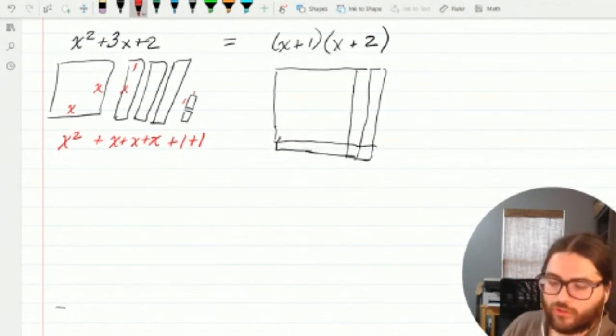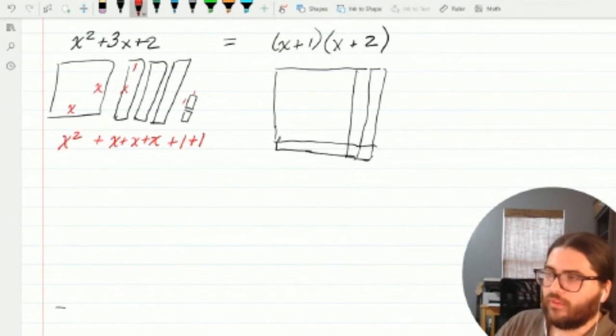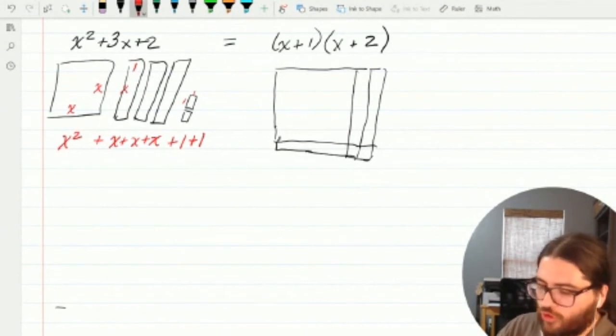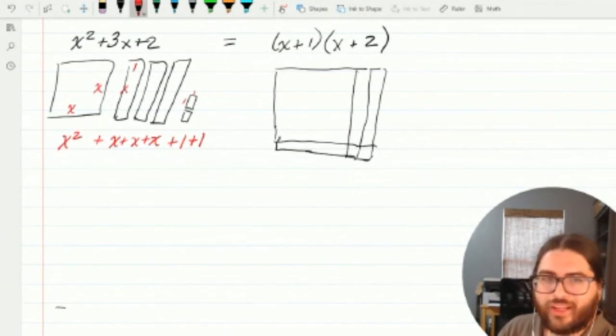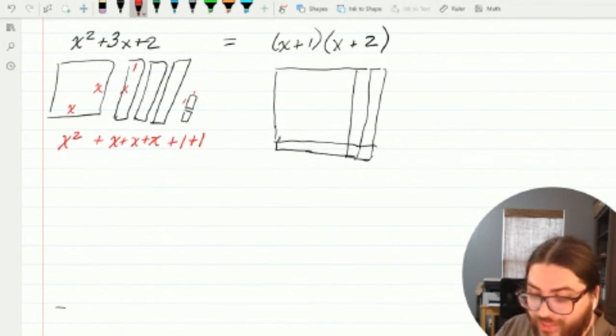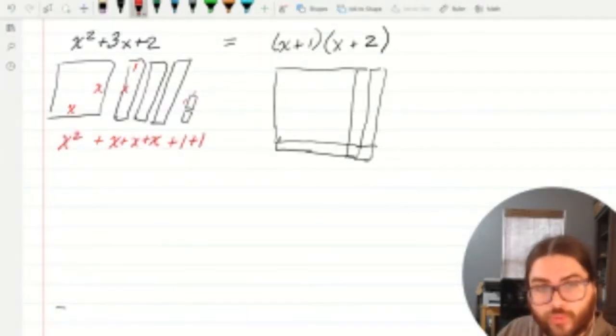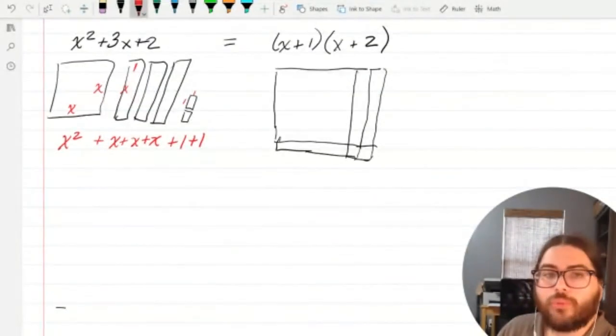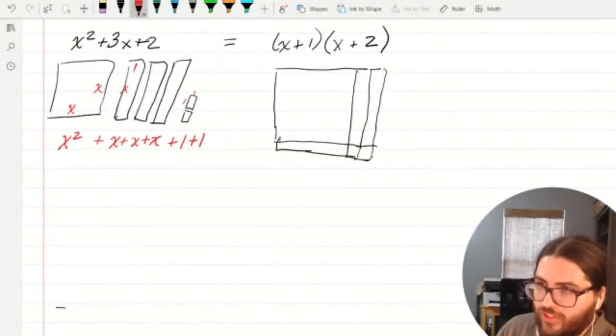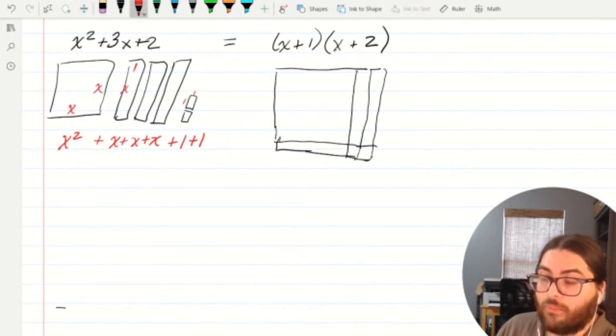And this is why this manipulative is often used in an algebra class to show this. And so what I can do is rearrange these pieces, the square, the 3 columns, and the 2 little blocks. I can rearrange them into a rectangle. And essentially that is me factoring, right?